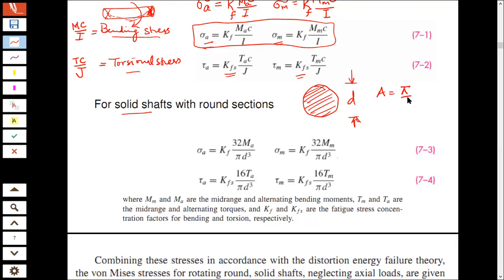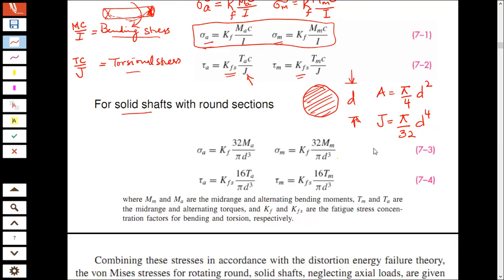That is going to be pi by 4 d square. Similarly, can I write J for this? What will J be equal to? Pi by 32 d4, right? So we know these quantities, and what will be c?